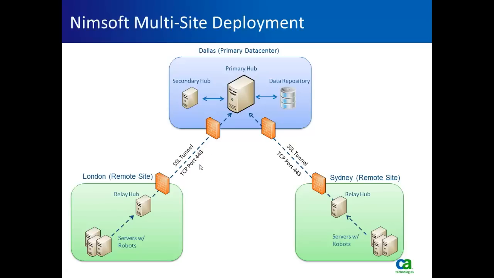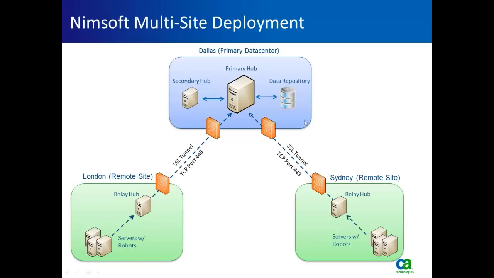Now don't get me wrong, it's customizable, so it can be any port you want. But by default we use port 443 because we make the assumption that port 443 is open coming out of the firewall for HTTPS traffic. So typically we don't have to ask the firewall administrators to make any changes to allow that connectivity to occur.